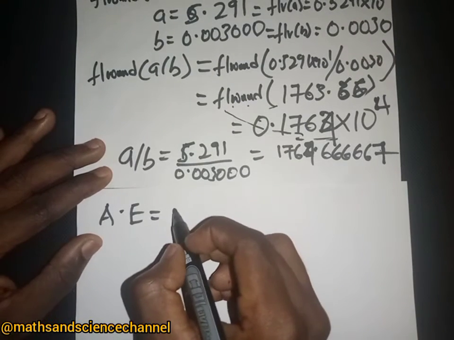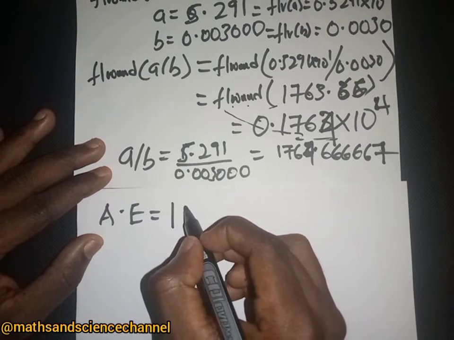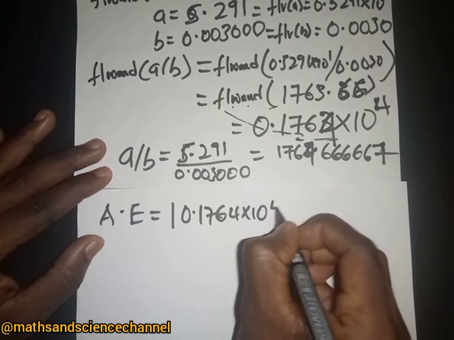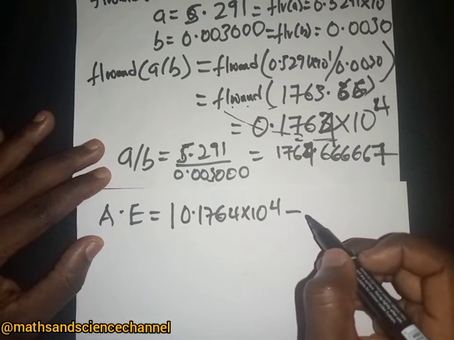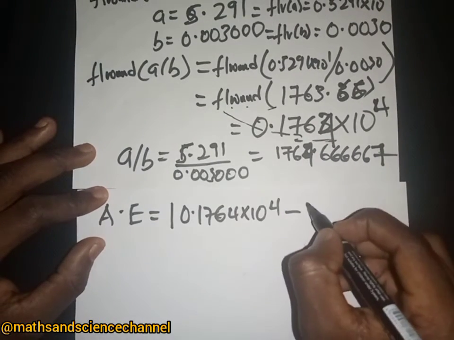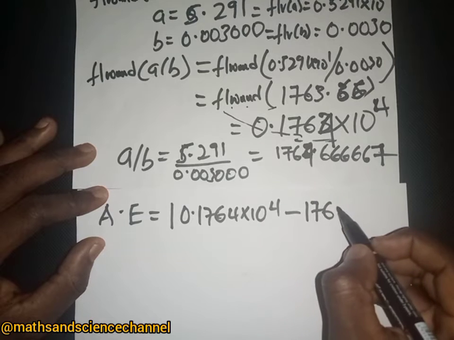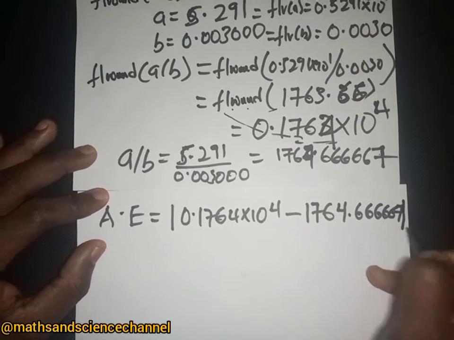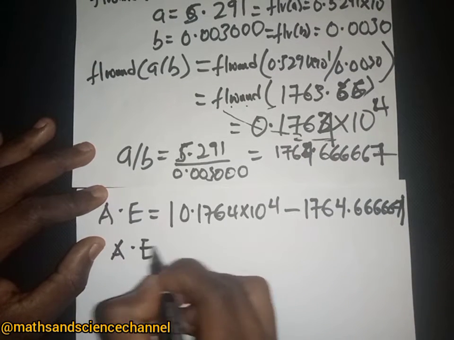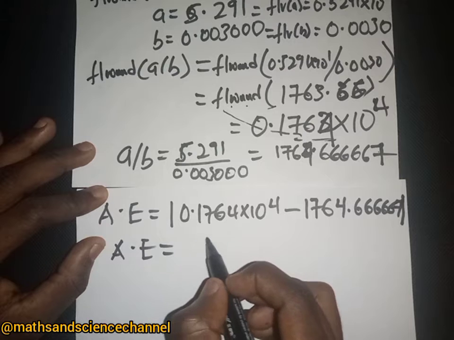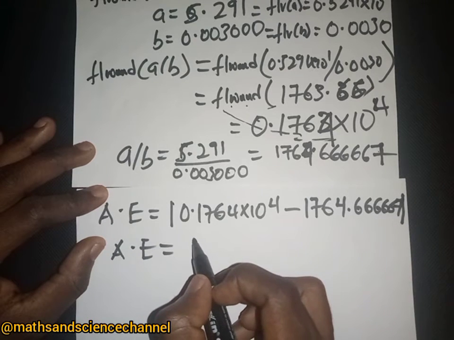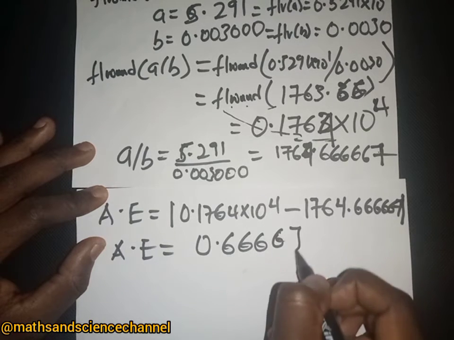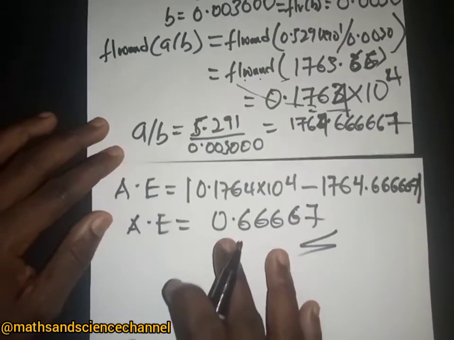We have the absolute of 0.1764 times 10 to the power 4 minus a divided by b, which is 1764.66667. Remember it's absolute, so it's going to be positive, 0.66667, and that will be our absolute error.